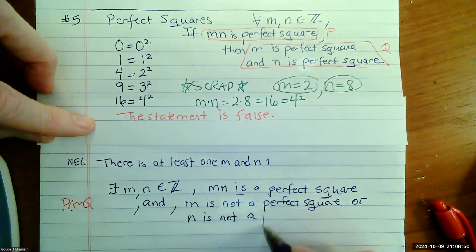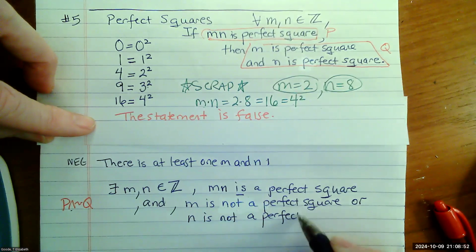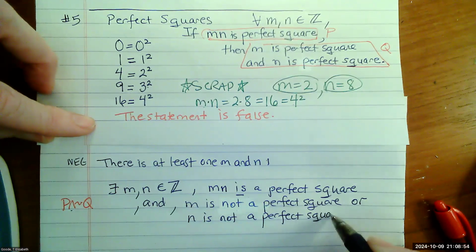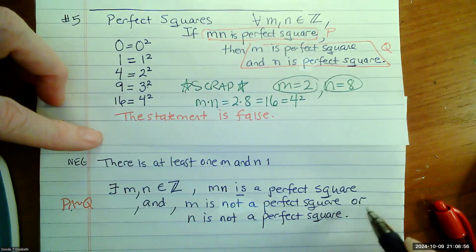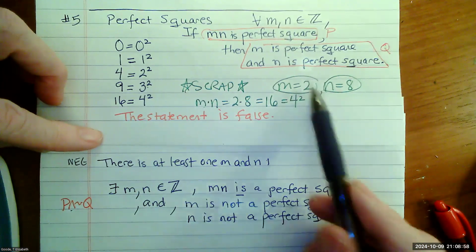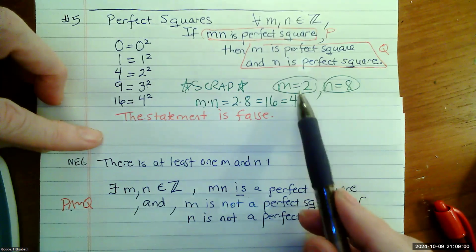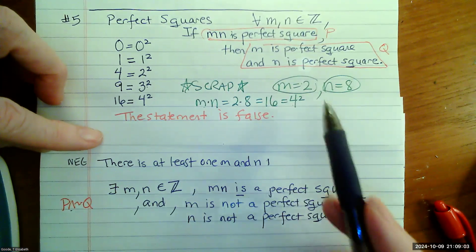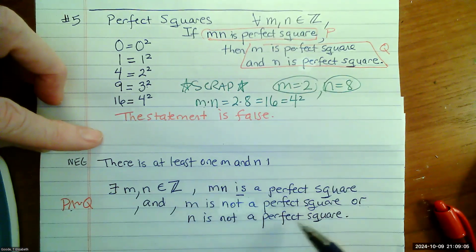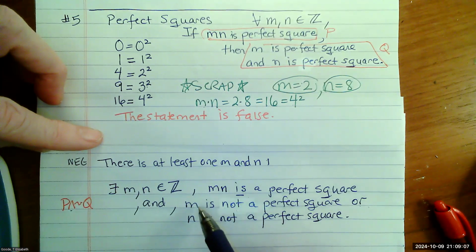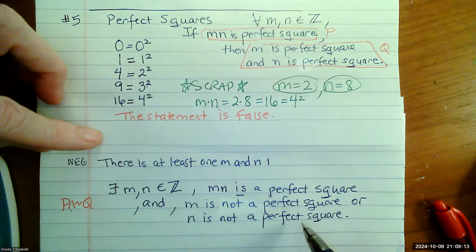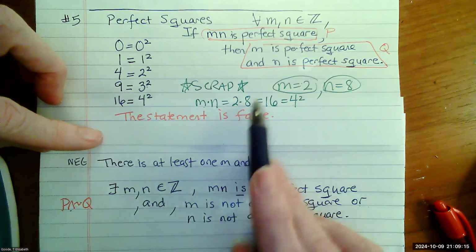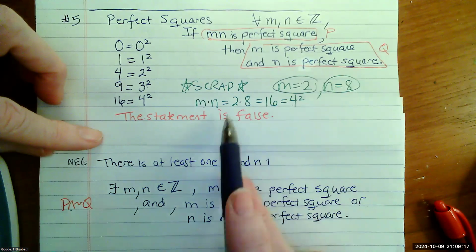So what you've got is fine. It's not the XOR, the exclusive or, it's the inclusive or that we use. So it's okay if they're both not perfect squares, because if m isn't a perfect square and n isn't a perfect square, then the statement m is not a perfect square or n is not a perfect square is true. So this will work out fine for your counterexample.